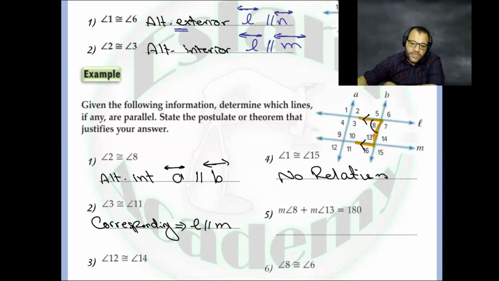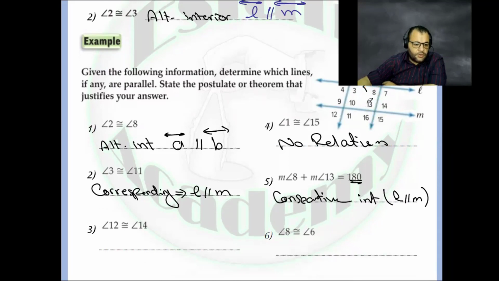What is the relation that we have? 8 and 13, their sum is 180. What is the name of this relation? Consecutive interior, not supplementary. The name of this relation is consecutive interior. I can see only supplementary. Consecutive interior. And which two lines are parallel? L and M. L is parallel to M.